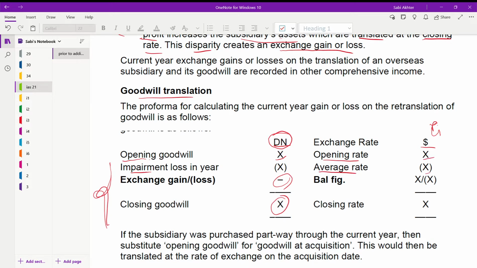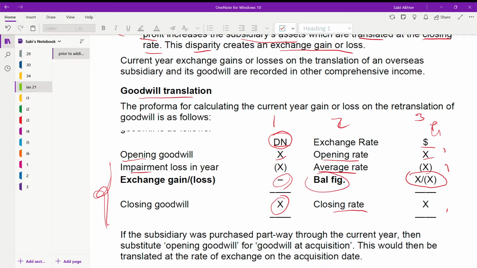After translating, there will be three columns: one for the subsidiary's currency, second the rate, and third the amount after converting into group currency. Closing goodwill uses the closing rate. So all this is filled out. What is left is the balancing figure, and that balancing figure is the exchange gain or loss.